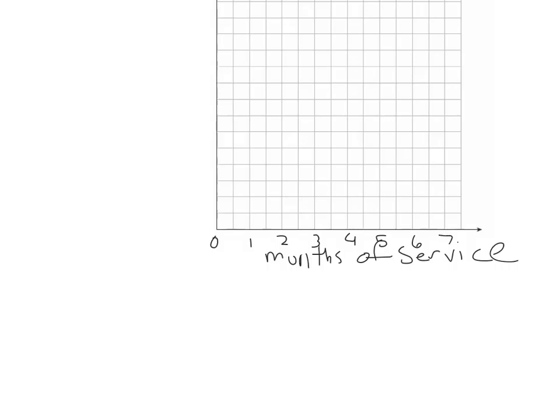Okay, and then the other one is the cost, and this is per dollar. Okay, and if we go 100, 200, 300. Okay, so we've labeled our graph.